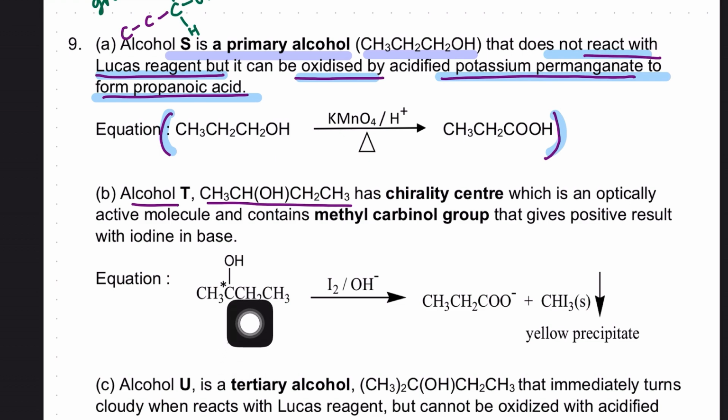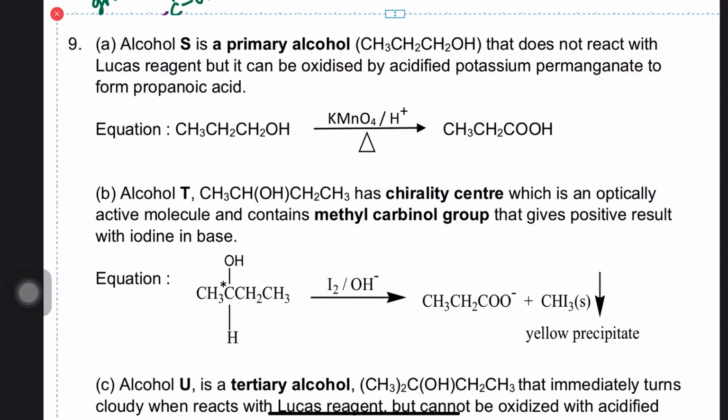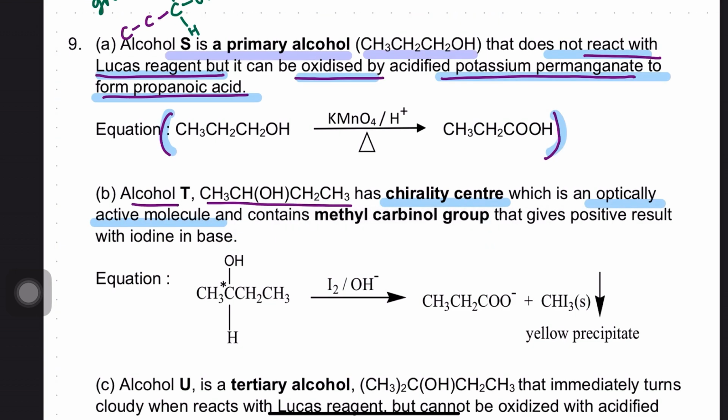and then CH2, CH3. Okay, this is the structure of T, and it has got a chiral center which gives an optically active molecule. So the keyword that you have to add in extra is mentioning it has got a chiral center. That's why it is an optically active molecule. And since it gives a positive result for iodine in base, which is iodoform, you can mention that.